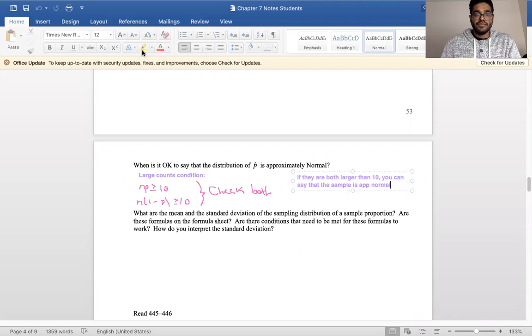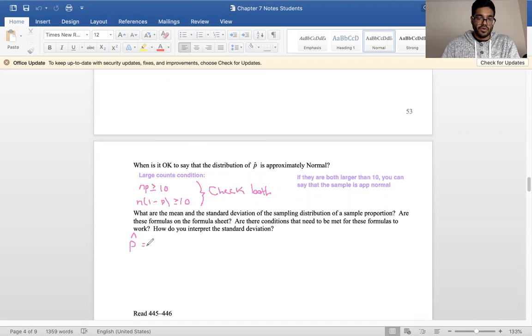So then, how do you calculate the mean of your sample, and how do you calculate the standard deviation? Well, last time we talked about unbiased estimators, and if we know that our distribution is approximately normal, we're going to have an unbiased estimator. And so what we can say is that p hat, and the hat represents the sample, so regular p would be for population, p hat represents sample.